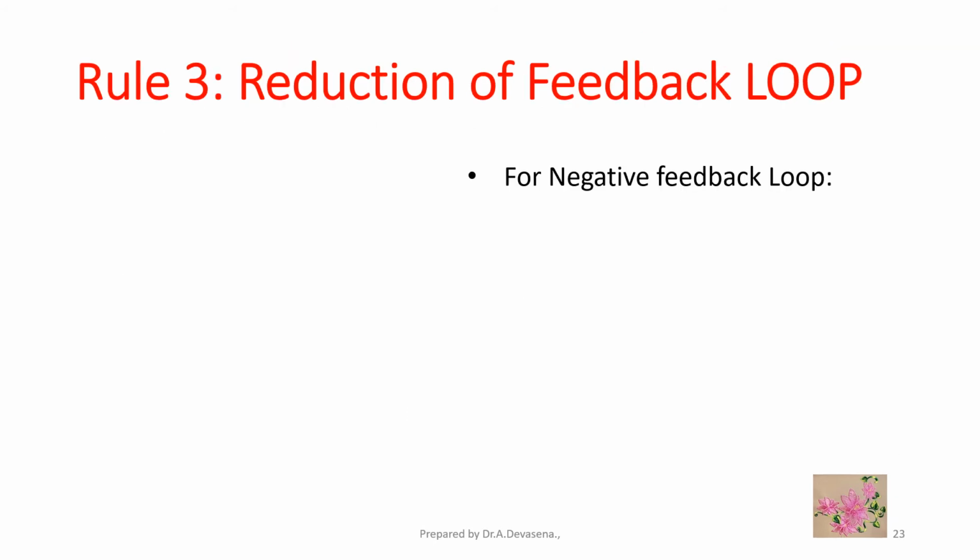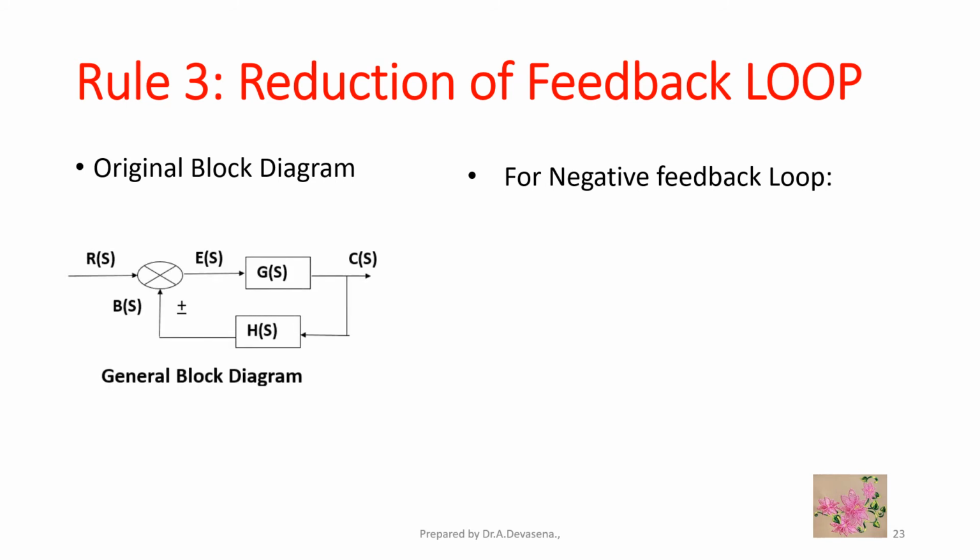Reduction of feedback loop. Original block diagram is shown below. This is the representation of an original block diagram, that is a general block diagram. If a negative feedback is applied to the circuit, then C(s) by R(s) is equal to G(s) divided by 1 plus G(s)H(s).